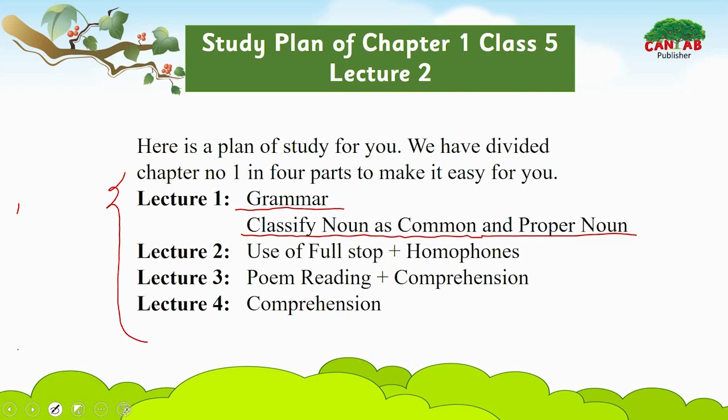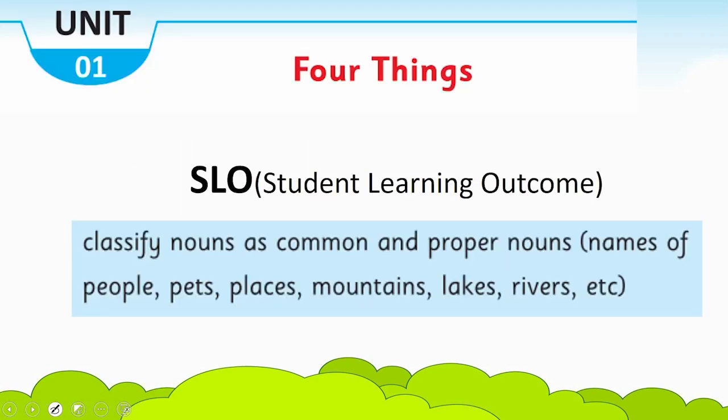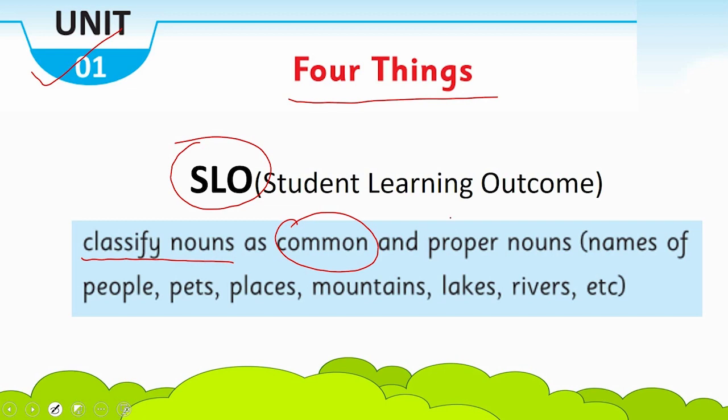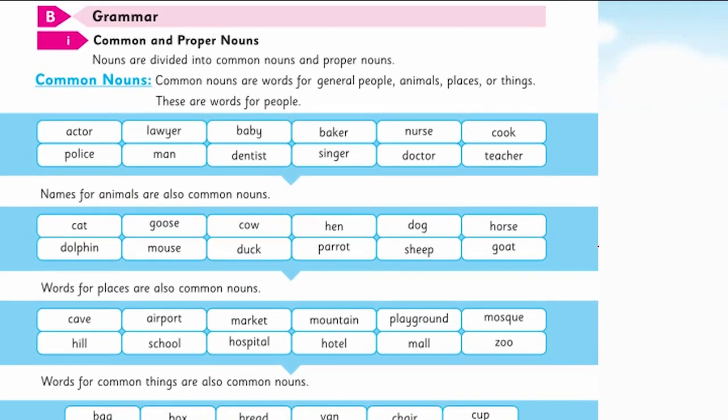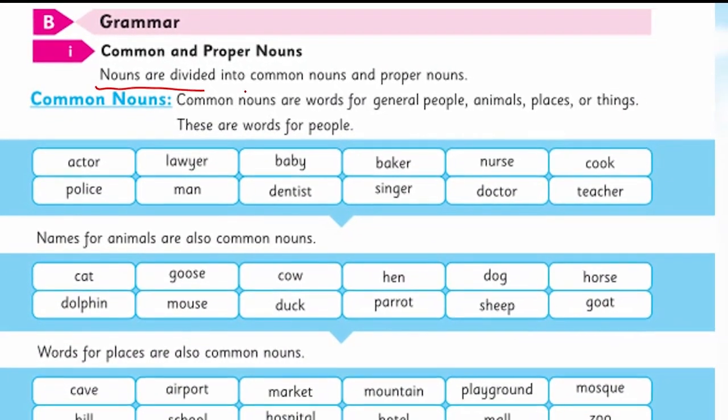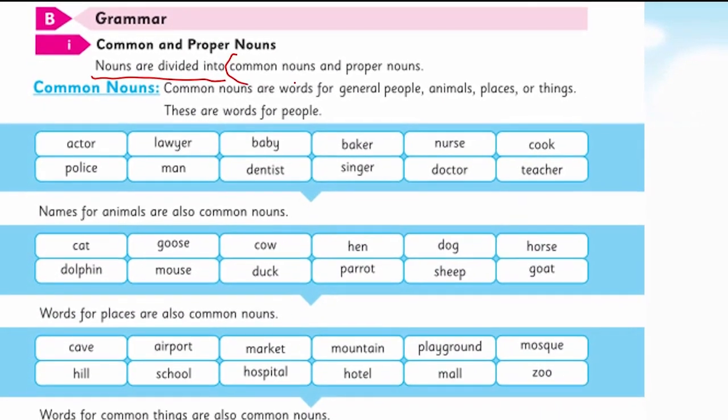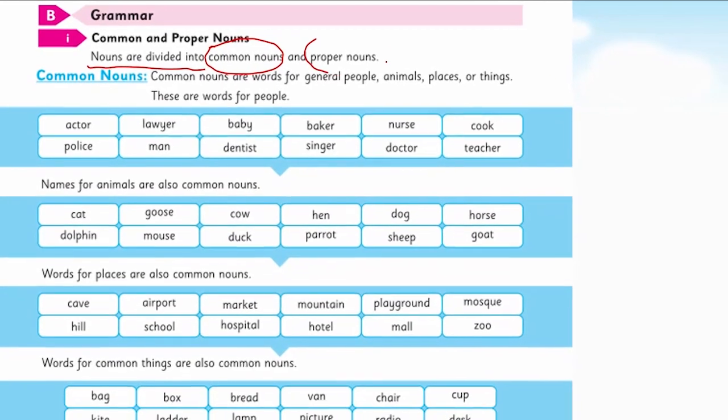So here students, our today's student learning outcome of unit 1 is 4 things. The first SLO is we have to classify a noun as a common noun and proper noun. So basically nouns are divided into 2 kinds, that is common noun and proper noun.